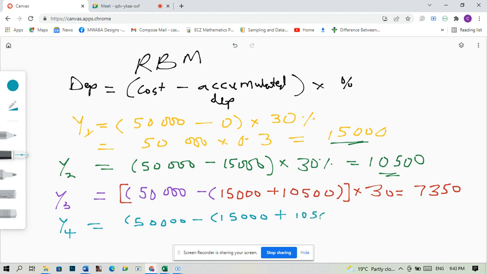Remember, the depreciation is accumulating. If it was a straight line method, we would have just had 9,000, 9,000, and 9,000.